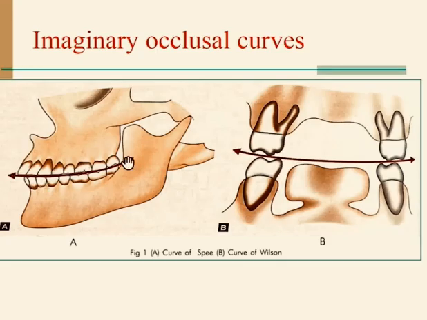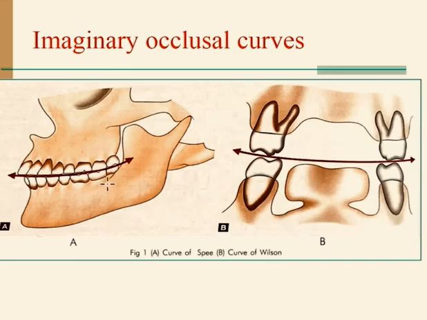When you view it here, the cusp tips have a gradual concavity curving from anterior to posterior, concavity towards the posterior side. The curve of the maxillary arch is convex, while that of the mandibular arch is concave.